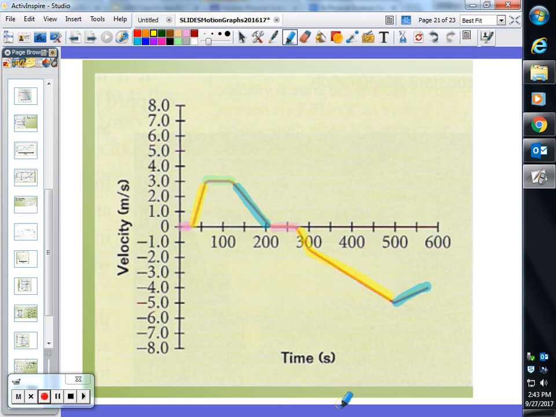It's not on the x-axis. Wait, that was 250, 600. I have 500. You see that?